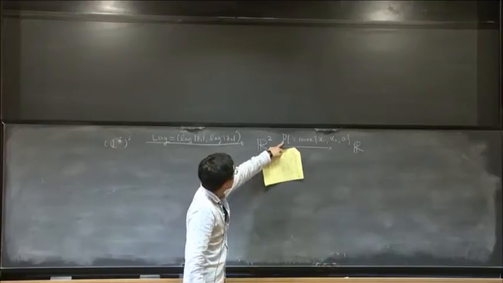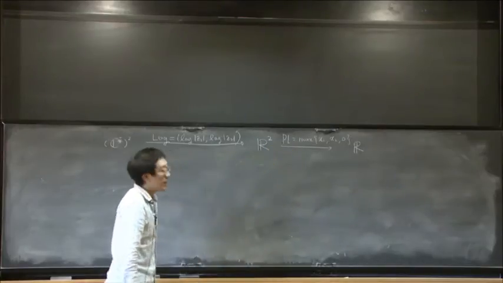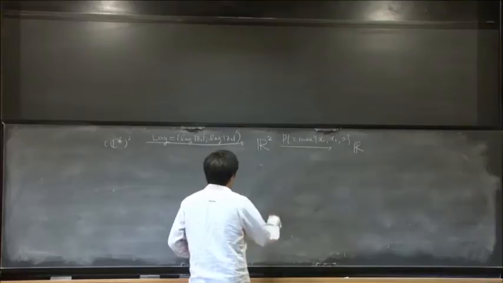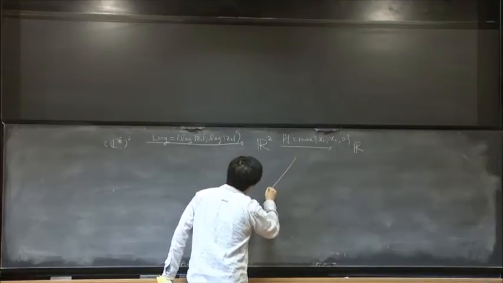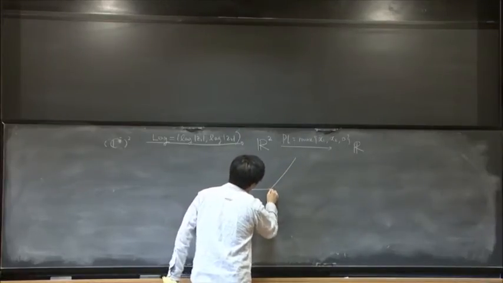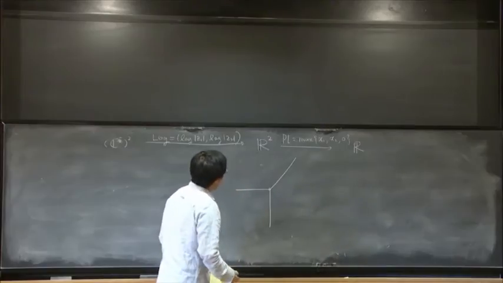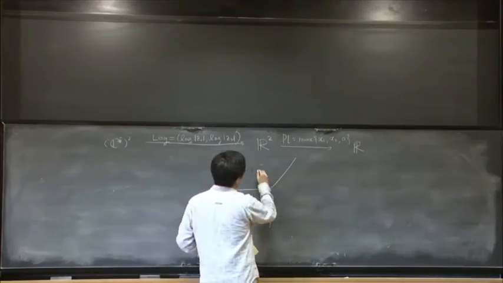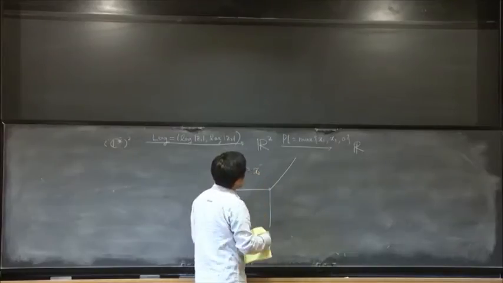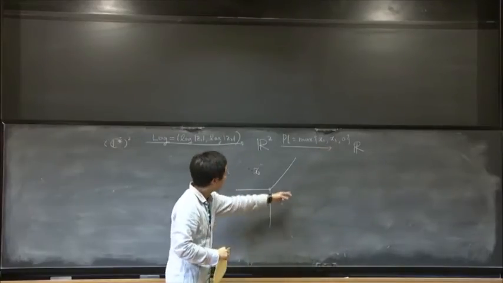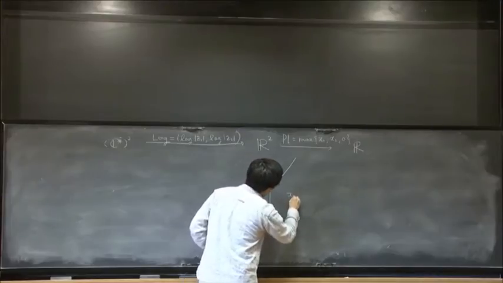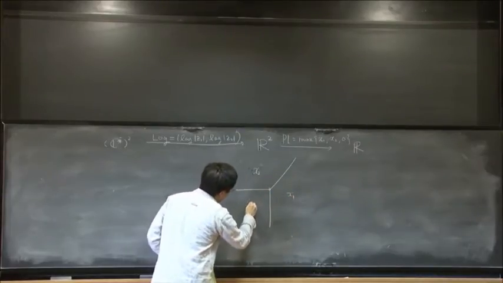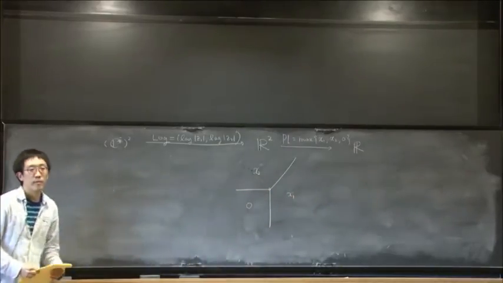So the picture of this piecewise linear function, that we can visualize, looks like this. This is the origin of R squared. And there are 3 parts in the plane. The first part is where the linear function x2 is the maximum among the 3. The second part is where x1 is the maximum among the 3. And the third part is where 0 is the maximum among the 3.